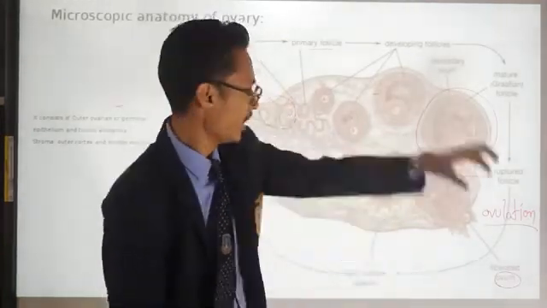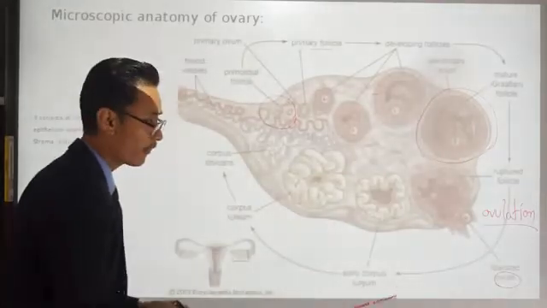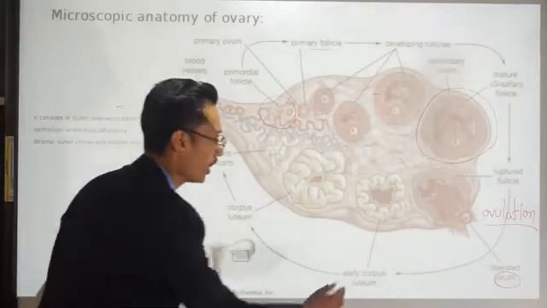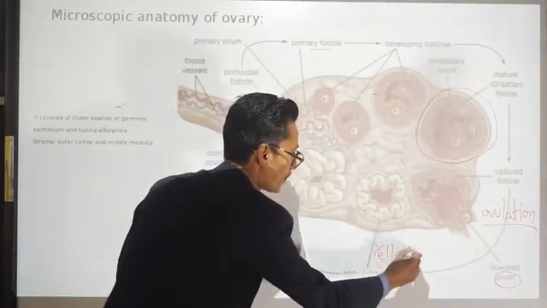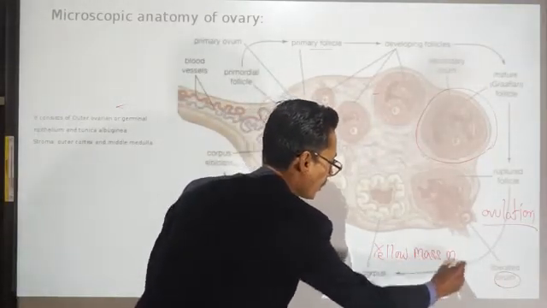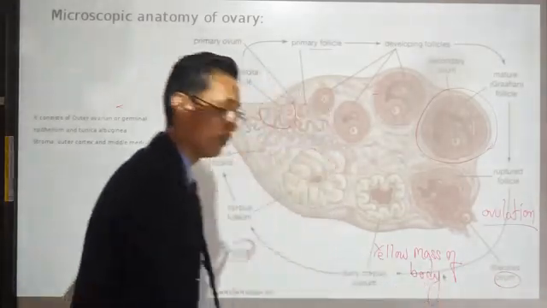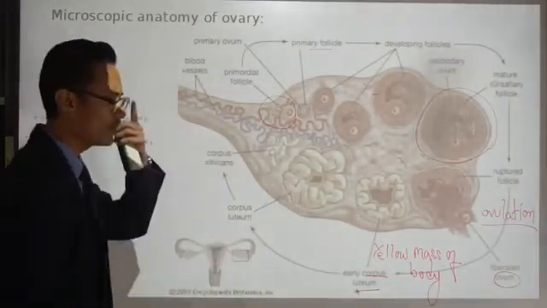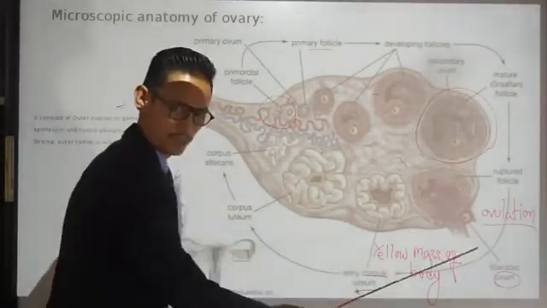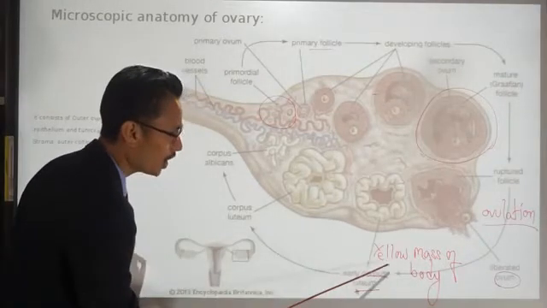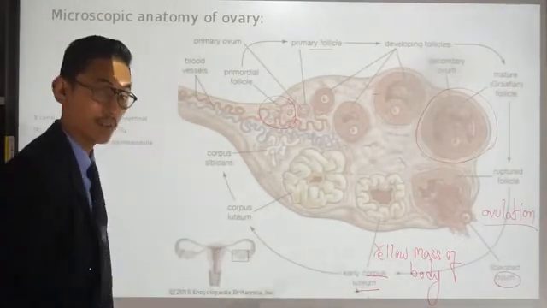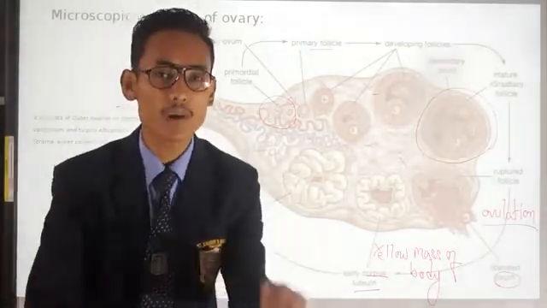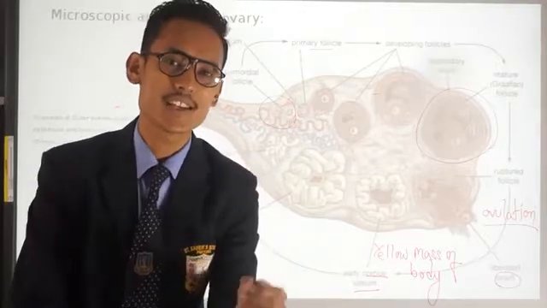Look over carefully: the ruptured Graafian follicle will change into a yellow mass of body, which is called the corpus luteum. And this corpus luteum is essential for the formation of the hormone called progesterone.